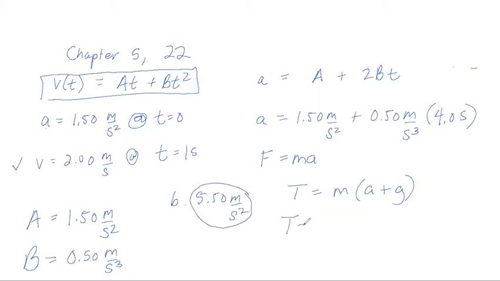So thrust is going to be equal to 2540 times the 5.50 meters per second squared plus 9.80 meters per second squared. Right, if I'm accelerating upward at this, I'm overcoming that downward g.